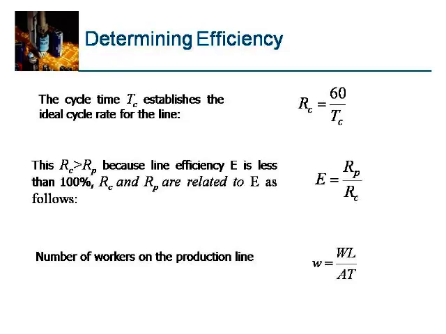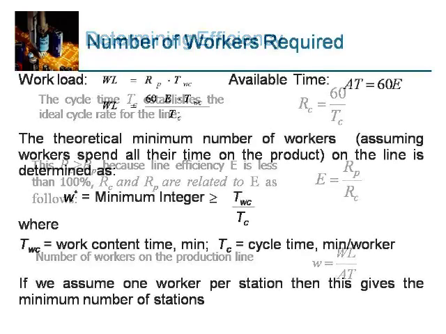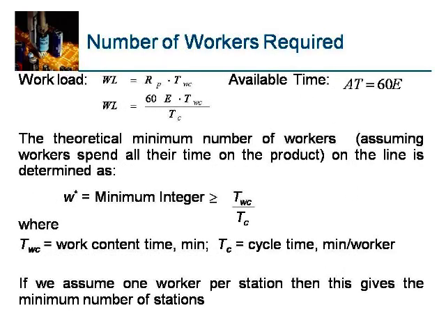The number of workers on the production line we can easily calculate as W is equal to WL divided by AT, where workload WL is equal to RP into TWC, and available time AT is equal to 60 into T. WL is equal to 60 E into TWC by TC.